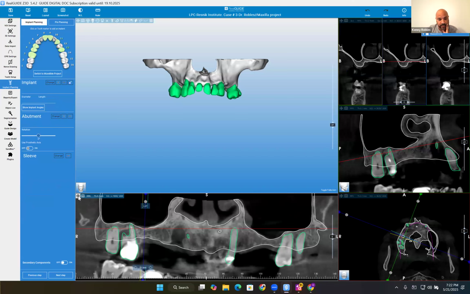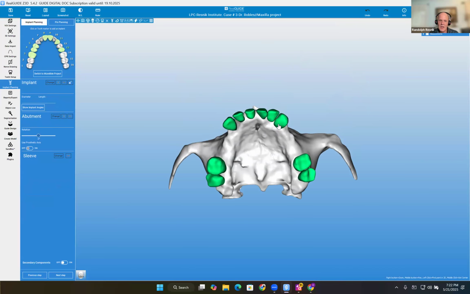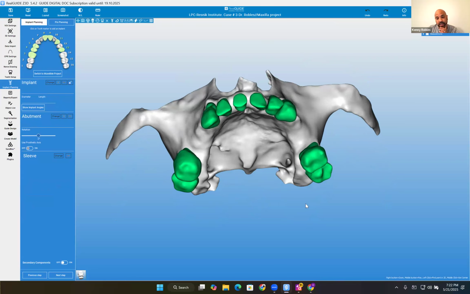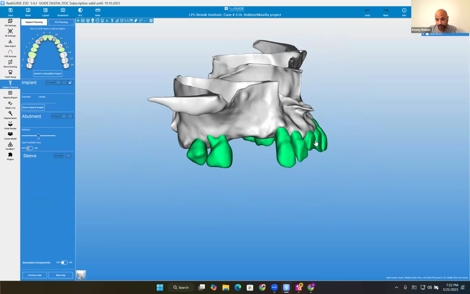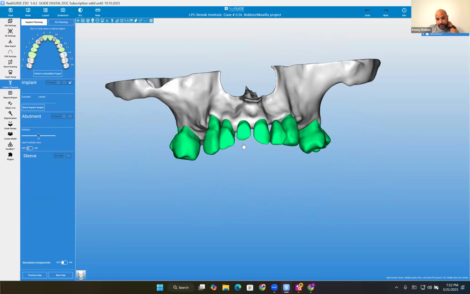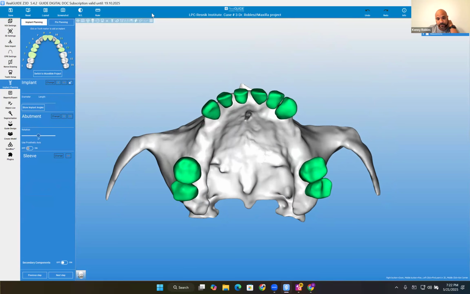So we're trying to do an All-on-X case. What I'm thinking is remove the teeth, do alveoloplasty, and then have him on an interim denture.